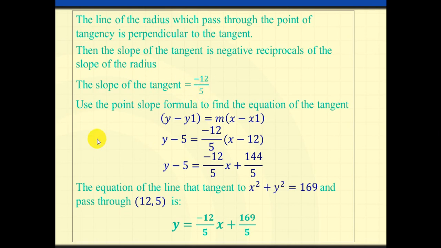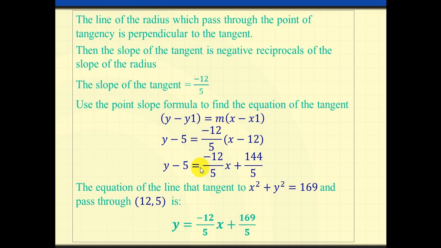Now we use the point-slope formula to find the equation of the tangent. y − y1 equals m (x − x1). The point is (12, 5). So y − 5 equals −12/5 (x − 12).